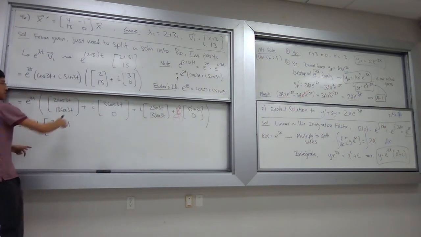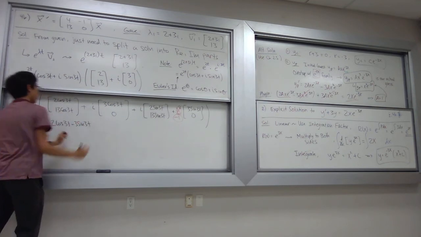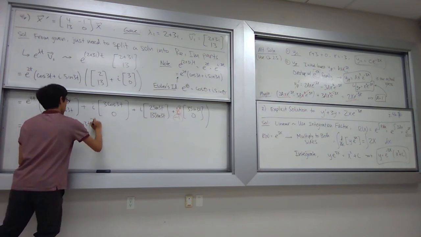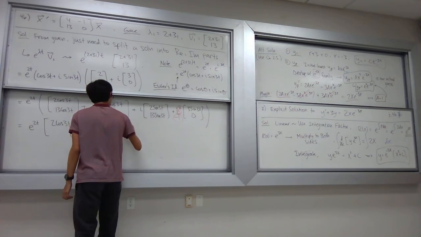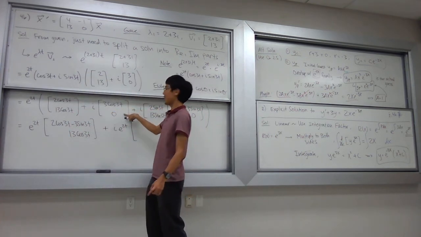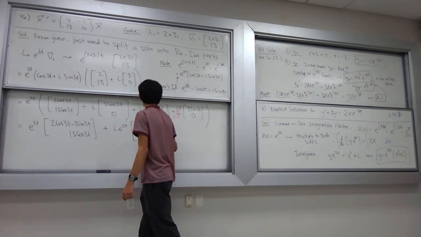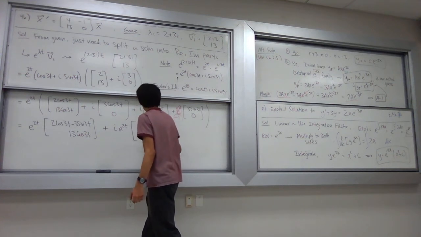So 2 cosine 3t minus 3 sine 3t in the first entry only, and then in the last entry, we have 13 cosine 3t, all times e to the 2t. Same thing for the imaginary part, pulling out the i: add these two together, so 2 sine 3t plus 3 cos 3t, and 13 sine 3t.